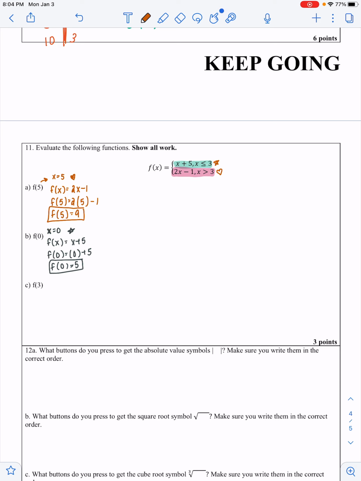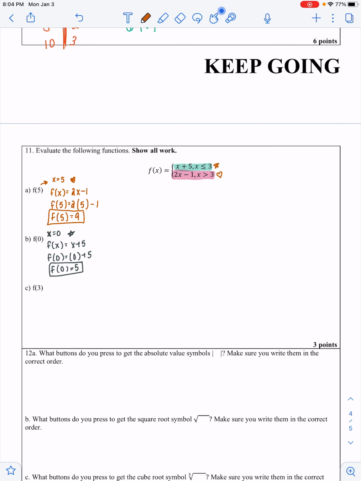And f of 3. 3 is less than or equal to 3. So for this one, when we're using x equals 3, we are still using the star function, which is f of x equals x plus 5. So f of 3 is equal to positive 8.